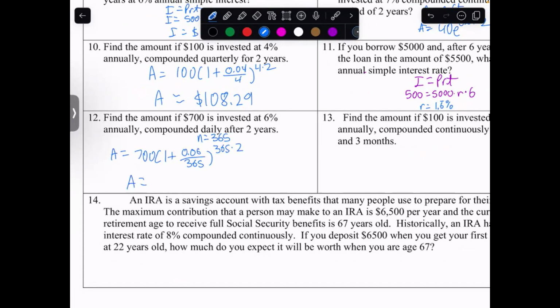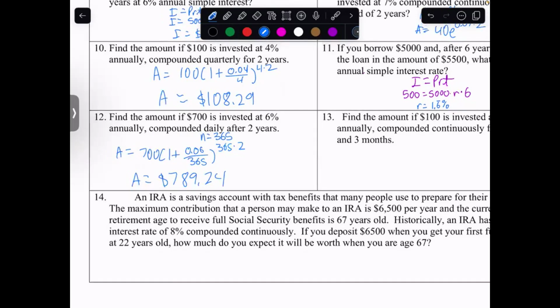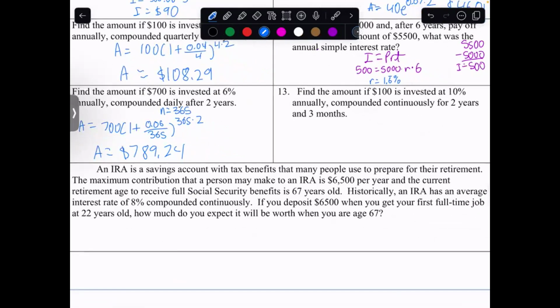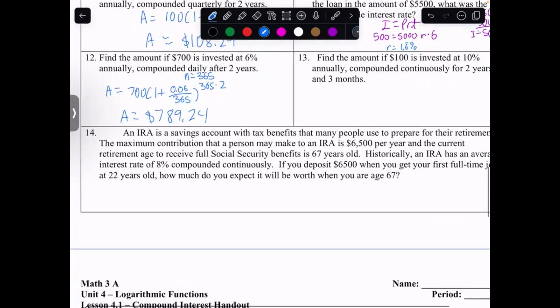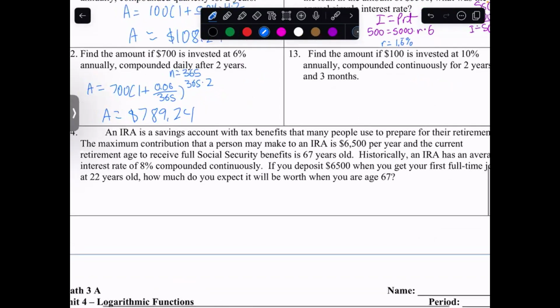Okay, this comes out to $789 and 24 cents. I misread it. Okay, I'm glad you got it right then.